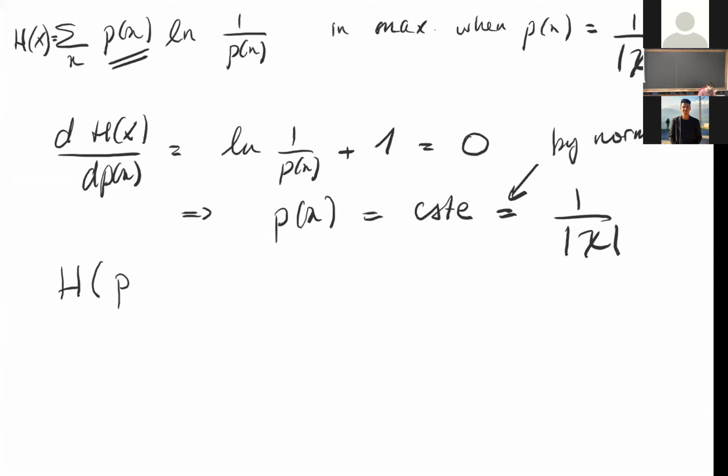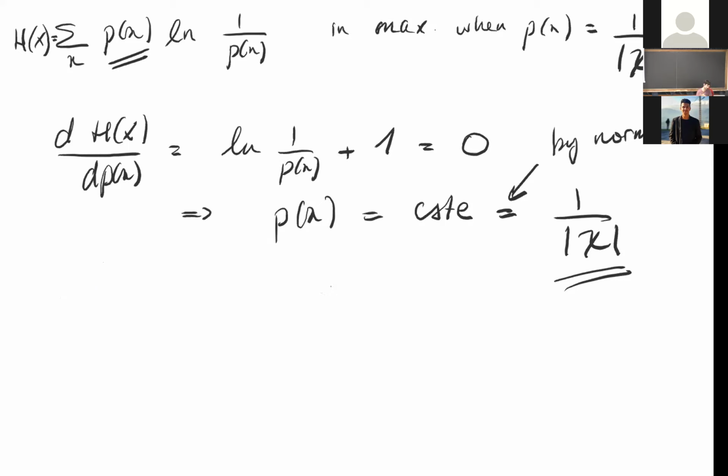Here, the vector is p of x1, p of x2, up to the last possible outcome. You can see that as a function of a vector of probabilities. And the argmax is given by the constant vector with value 1 over the cardinal. It's the argmax of this function of a vector. Okay.